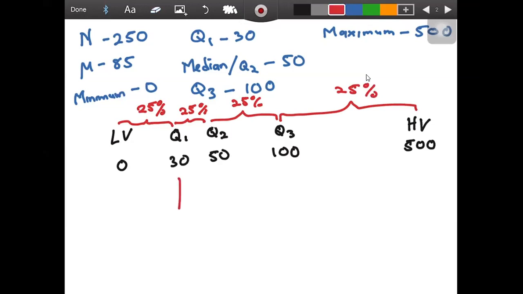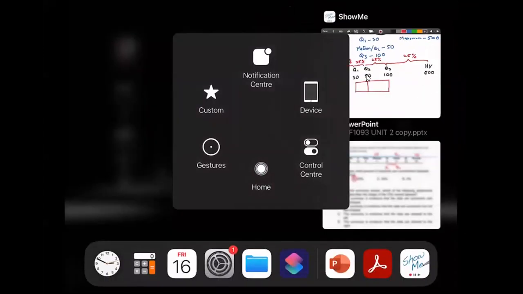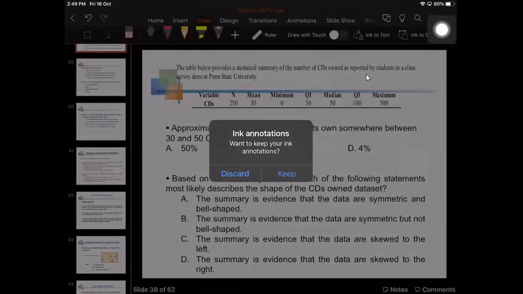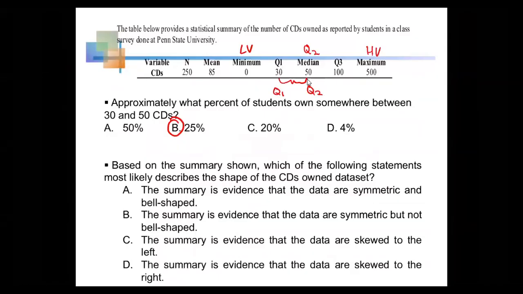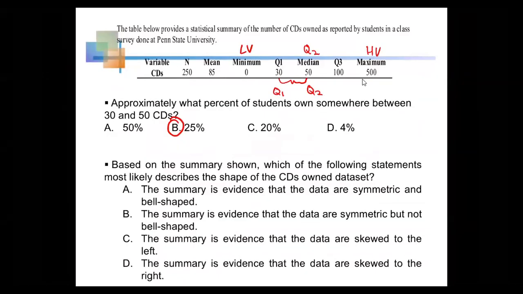If I draw a box plot, it will be something like this. Later on, we draw the whisker. So the answer is B.